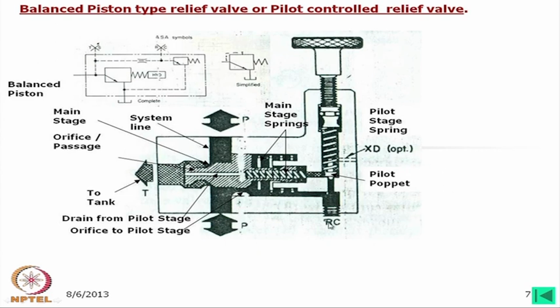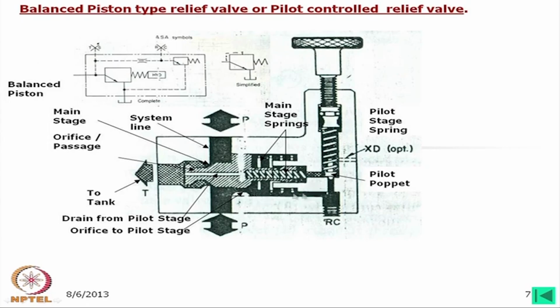Now, here as you see, this is an RC, that is the external control, we can control it externally, but this normally remains closed unless we would like to operate externally. Then oil is coming over here.